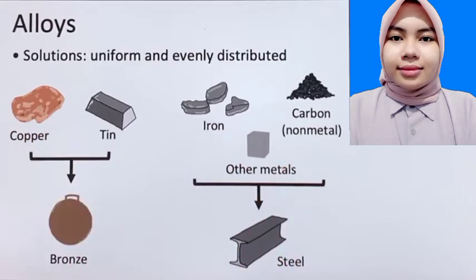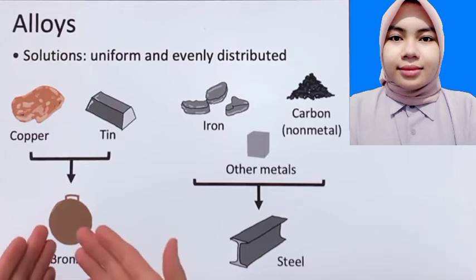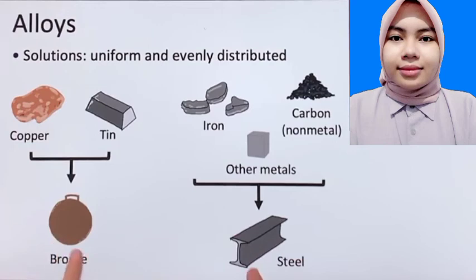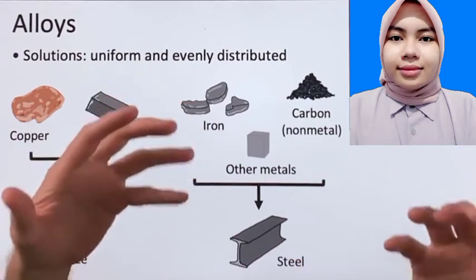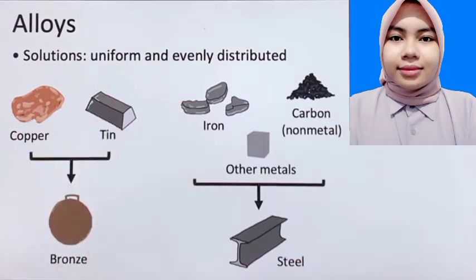Iron and carbon in steel, which also contains some other metals besides iron. The important thing to remember here is that alloys are solutions and homogeneous mixtures. The parts are evenly distributed and the alloy looks uniform to the naked eye.